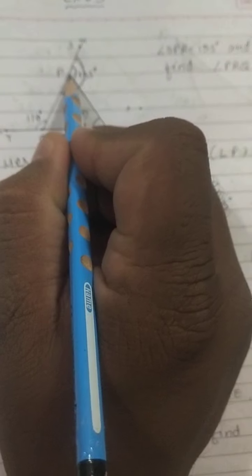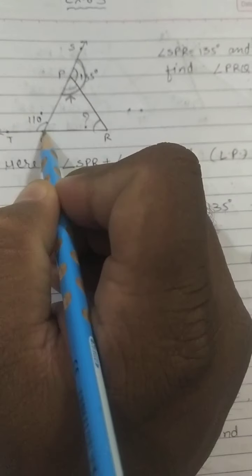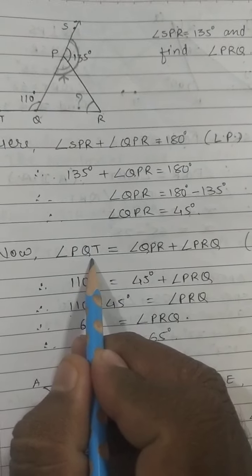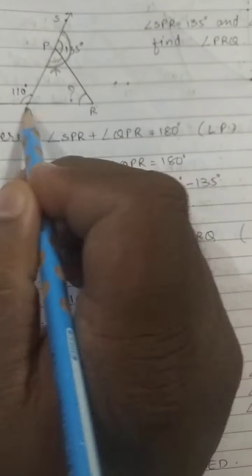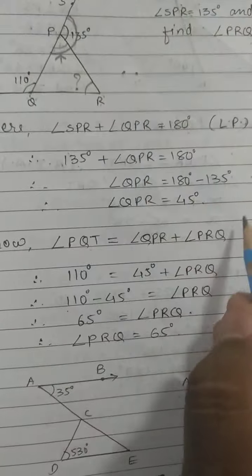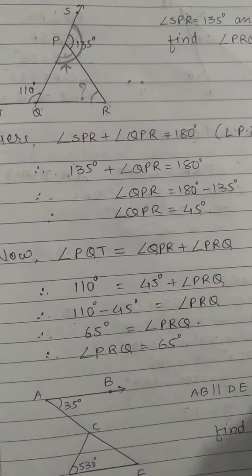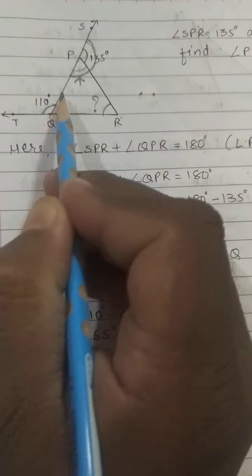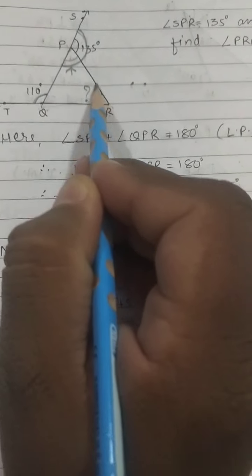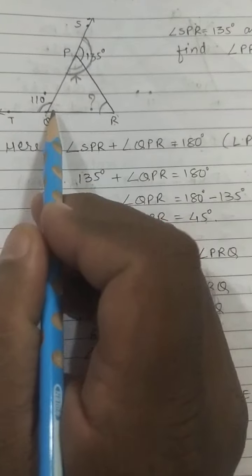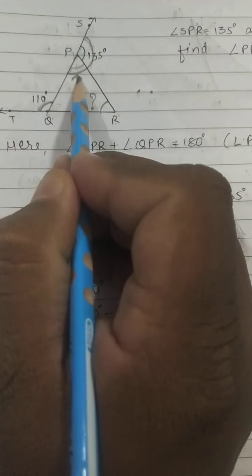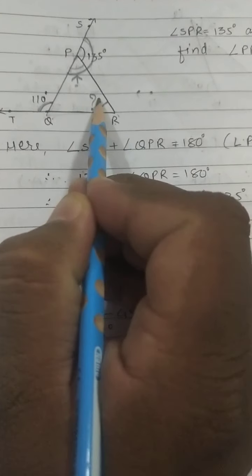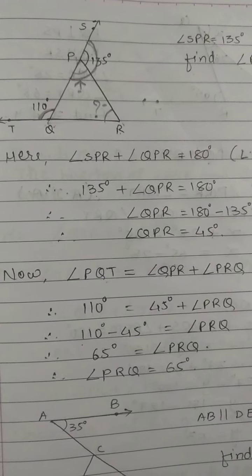Now you can check angle PQT is equal to angle QPR plus angle PRQ. Why is it so? Due to the exterior angle, because PQT is an exterior angle of triangle PQR, right? So we can say angle PQT, means this angle, is the sum of this plus this angle, right?